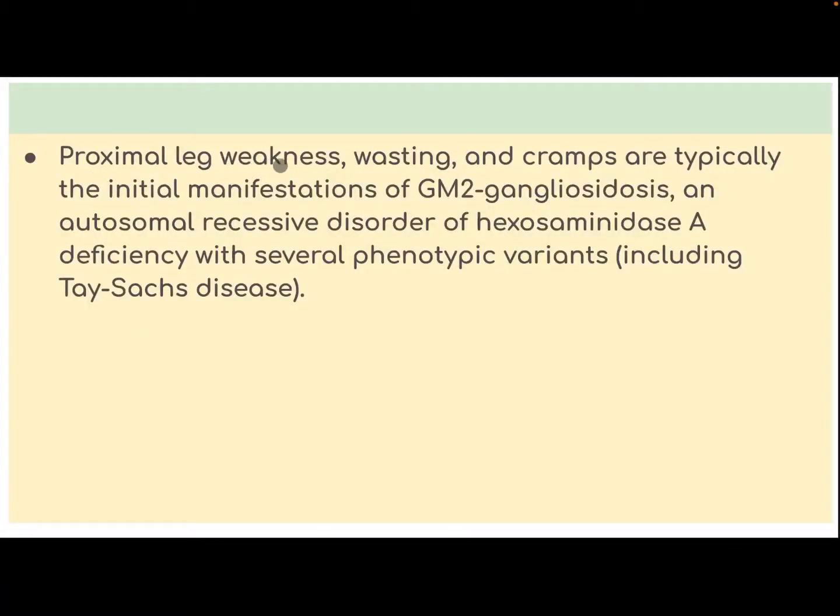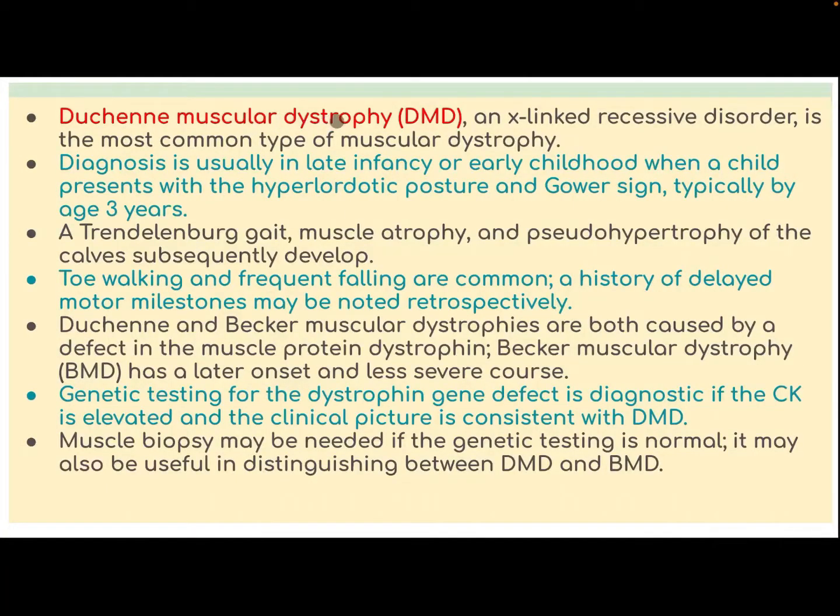Proximal leg weakness, wasting, and cramps are typically the initial manifestation of GM2 gangliosidosis, an autosomal recessive disorder of hexosaminidase A deficiency, with several phenotypic variants, including Tay-Sachs disease. Duchenne muscular dystrophy, an X-linked recessive disorder, is the most common type of muscular dystrophy.